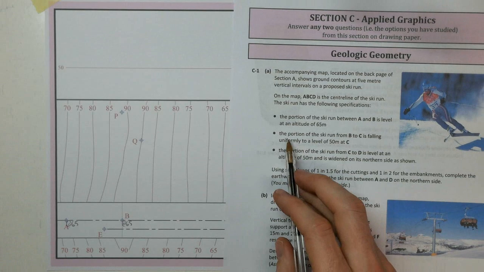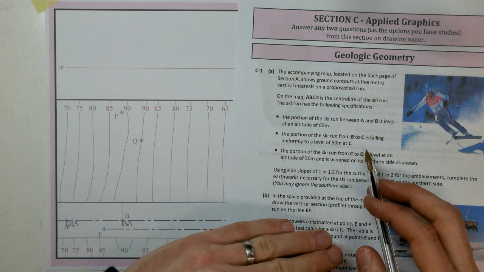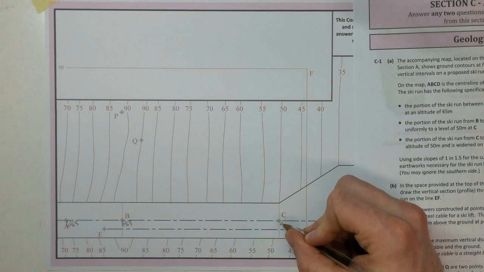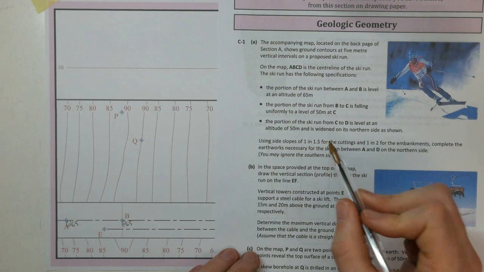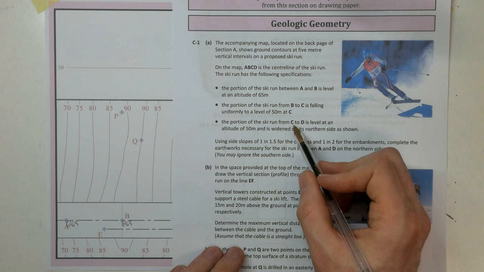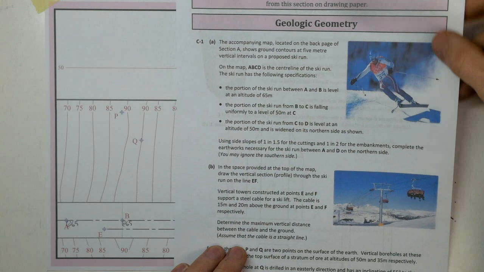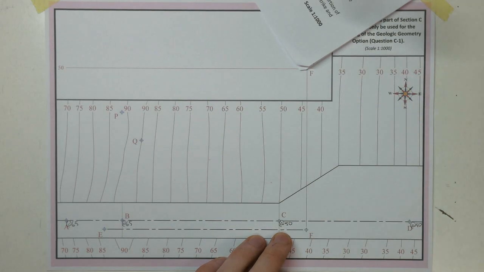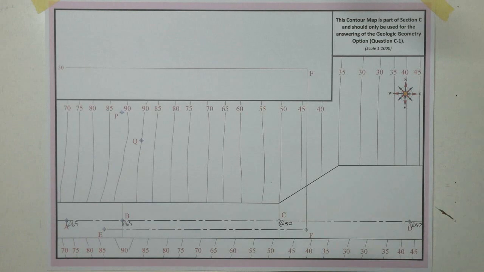The portion of the ski run from B to C is falling uniformly, sloping down to a level of 50 at C. So at C here, we're at 50. Then the portion from C to D is level at an altitude of 50. So C running through to D here is at 50 again. So level, sloping down, level off again.